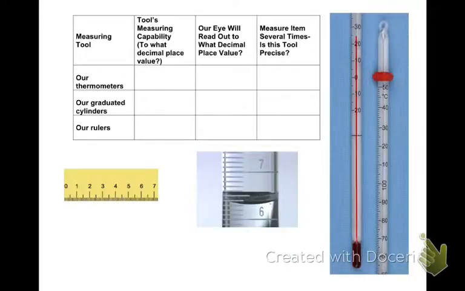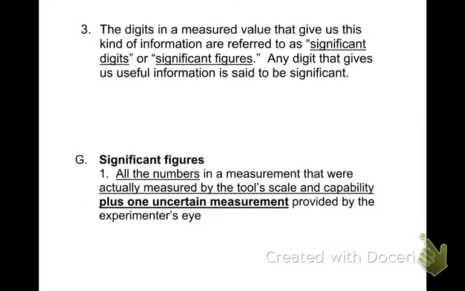So now we're going to talk about what values are known as significant. Any value that gives us useful information is said to be significant. Significant figures are all the numbers in a tool that were actually measured by the tool's scale and capability, plus one uncertain measurement. This is the definition of a significant figure.